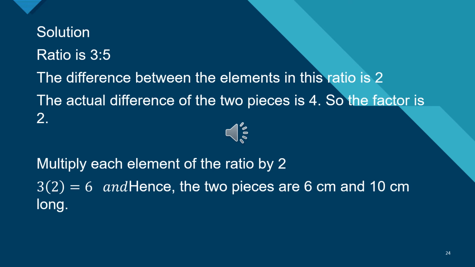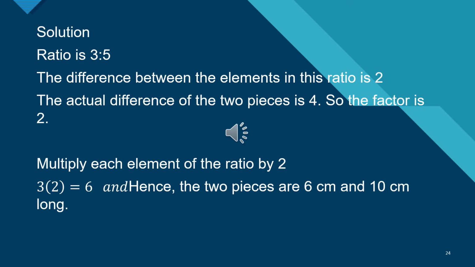Now the factor will be useful in finding the actual numbers. To get the factor, we divide the actual difference, which is 4 cm, by the difference of the ratios. In this case, it's 2. So 4 divided by 2 is 2. Therefore, the factor is 2. And we will use this factor 2 to multiply to the given ratio.